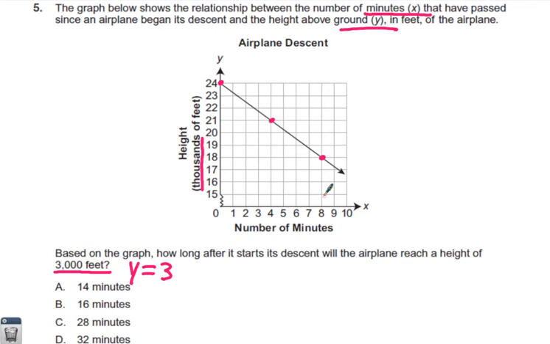You can do that. But I think what I'm going to do is just use the equation of this line. All right, and I'm going to just plug it in, because look, if I can figure out my B value and my M value, then I'm going to plug in for this form, this slope-intercept form.